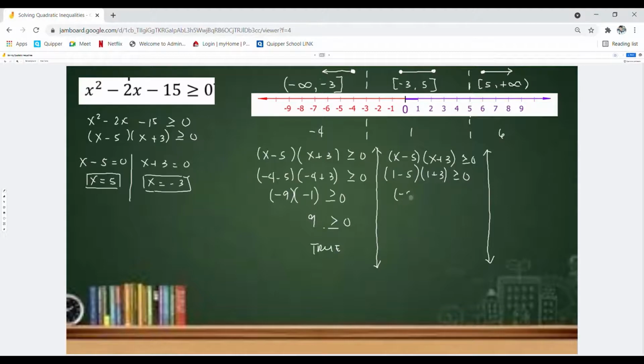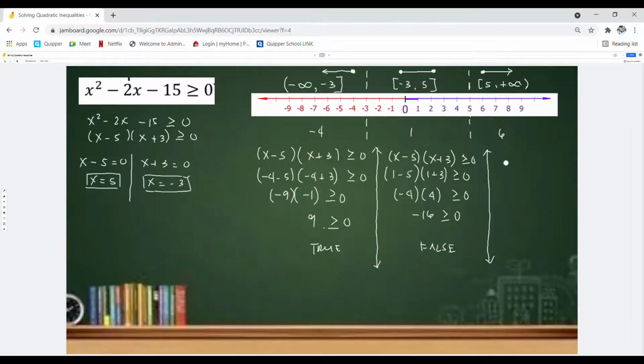This is negative 4 times 4, so negative 16 greater than or equal to 0. Is negative 16 greater than 0? It's not. It's false. That means the numbers in this region cannot satisfy the given inequality, so it's not a solution.